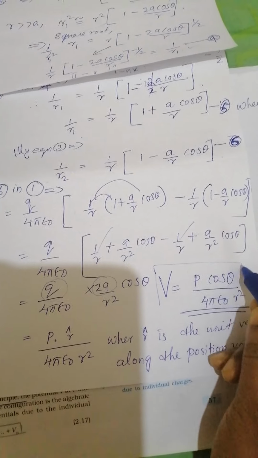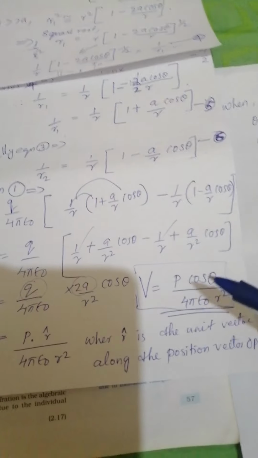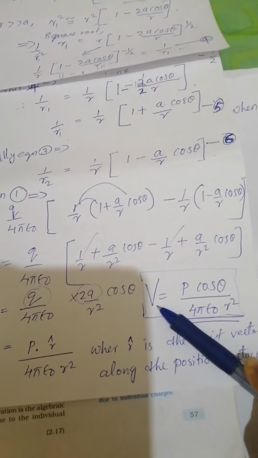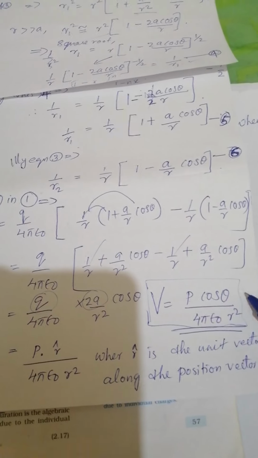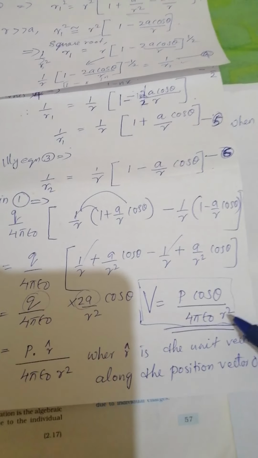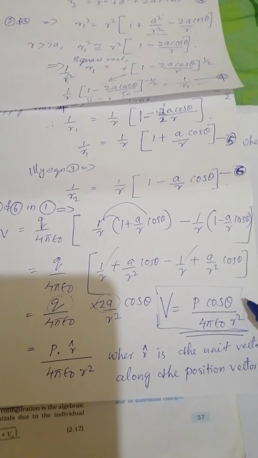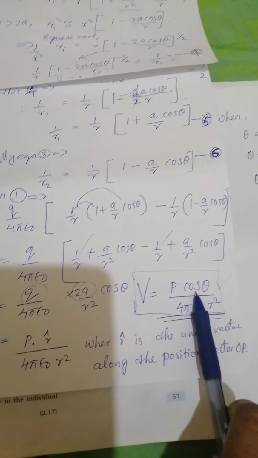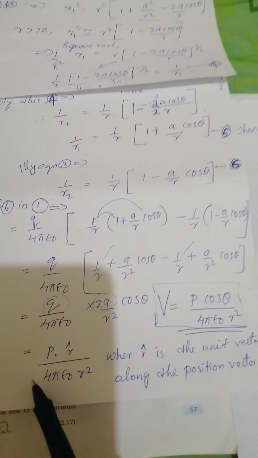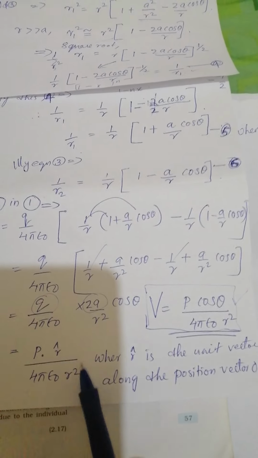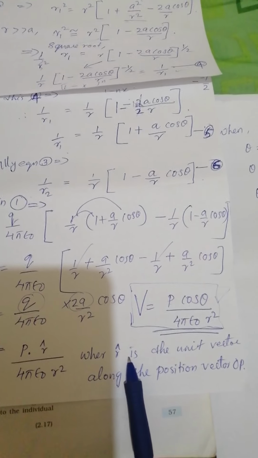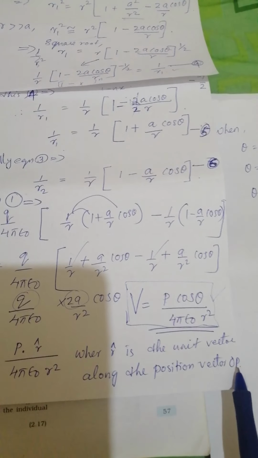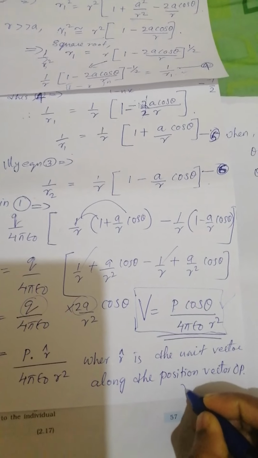So this is the equation for potential at a point due to a dipole. That is, potential V is equal to p cos theta divided by 4 pi epsilon 0 r square. This is the magnitude. If we are considering the direction also, we can write the same equation like this: p dot r, the dot product, that is cos theta itself. P dot unit vector r divided by 4 pi epsilon 0 r square, where r is the unit vector along the position vector r, along OP.